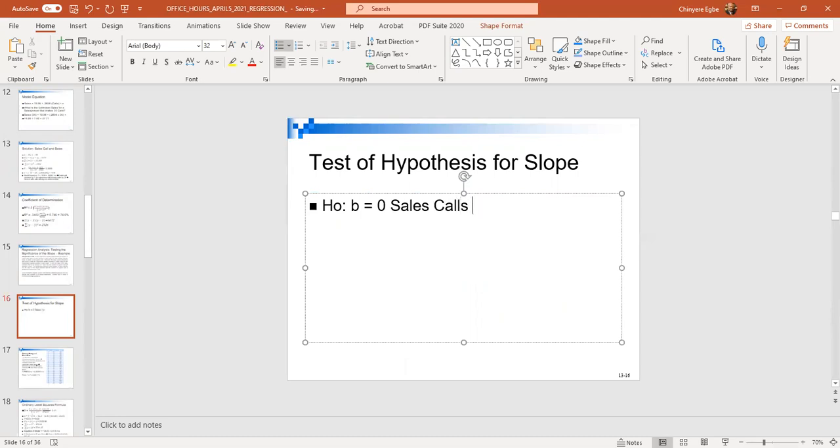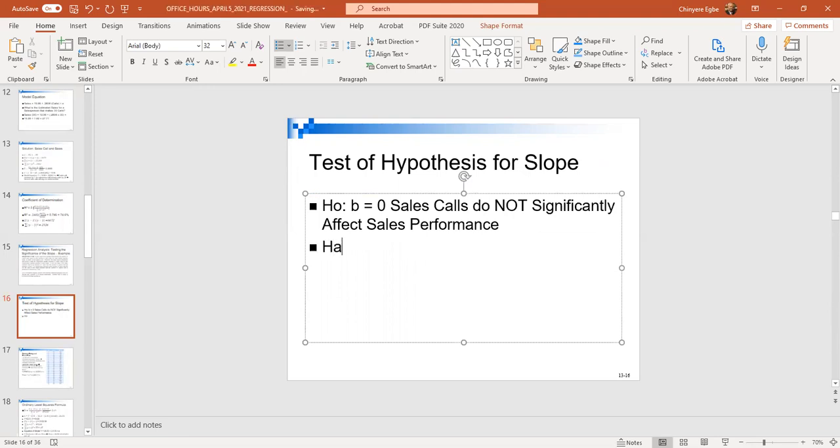Sales calls do not significantly affect sales performance. That is your null hypothesis. If the slope is 0, then sales calls have no effect.